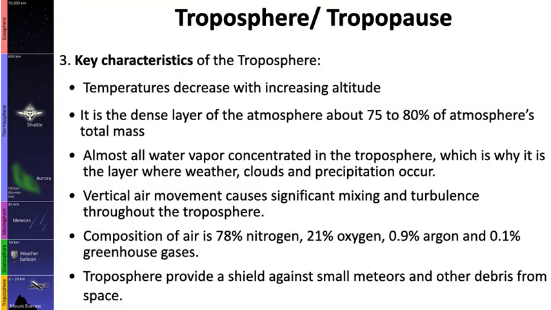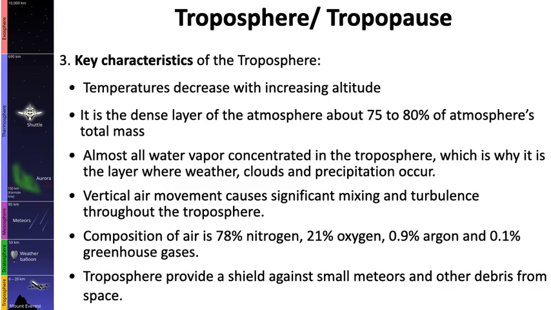Now, what are some key characteristics of the troposphere? One, temperatures decrease with increasing altitude. It is the densest layer of the atmosphere, and it contains about 75-80% of the atmosphere's total mass.